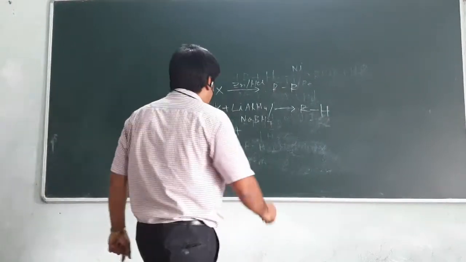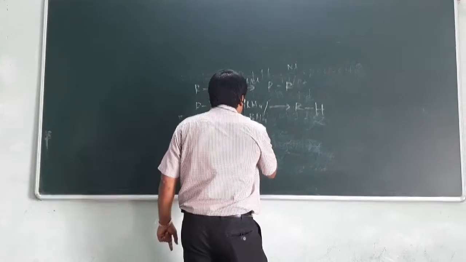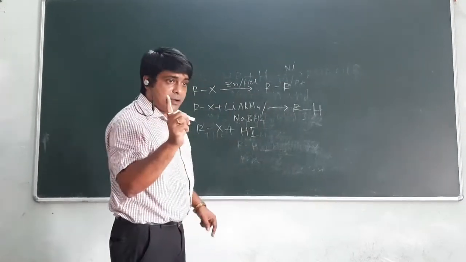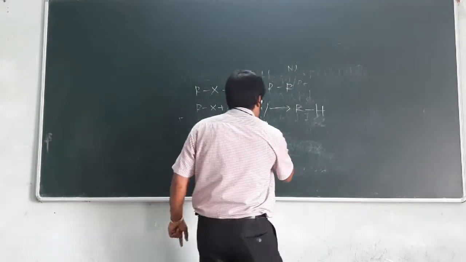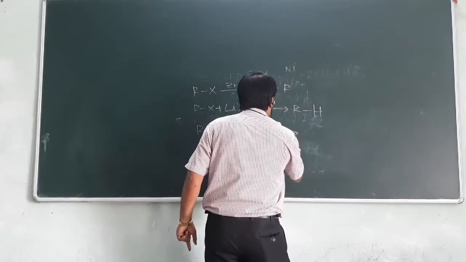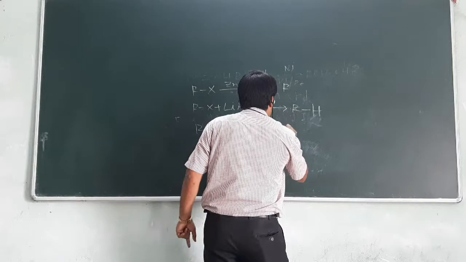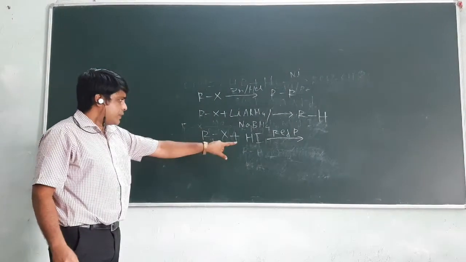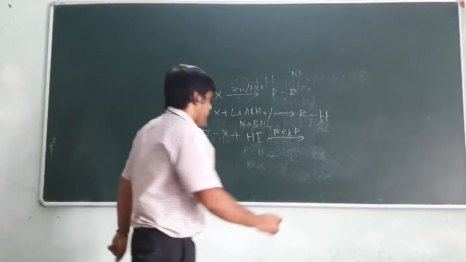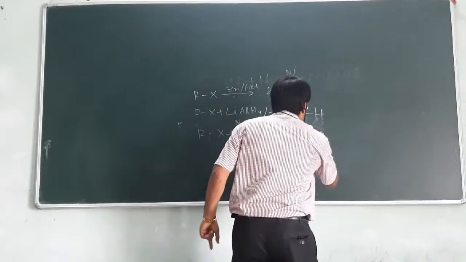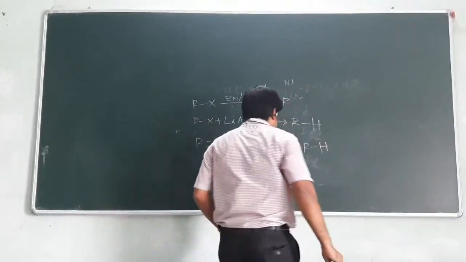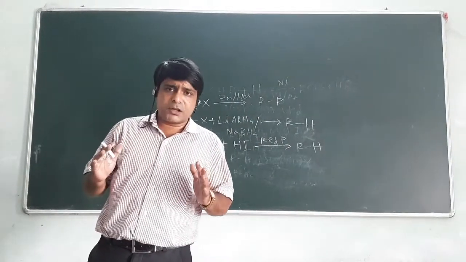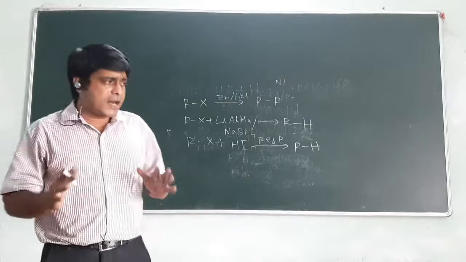You take the concentrated hydroiodic acid along with red phosphorus. Then you can also achieve the alkane. So this is the overall direct method of reduction of the alkyl halide.